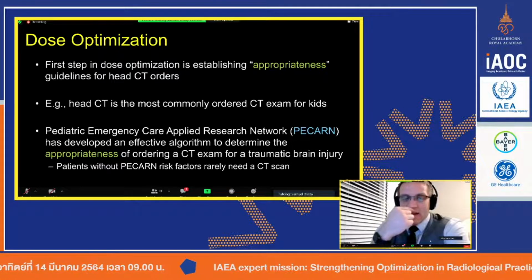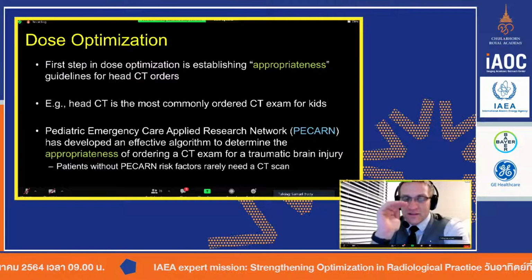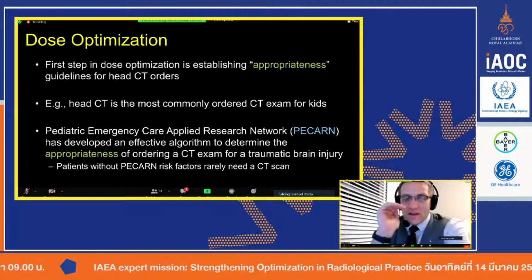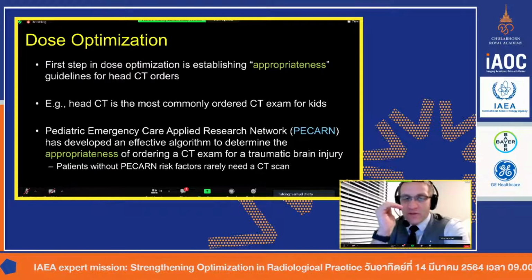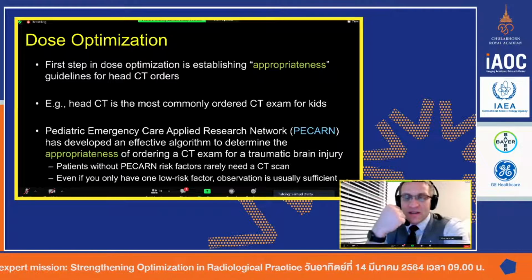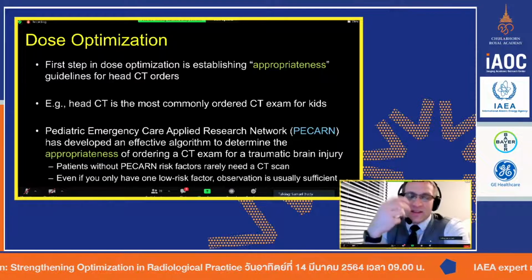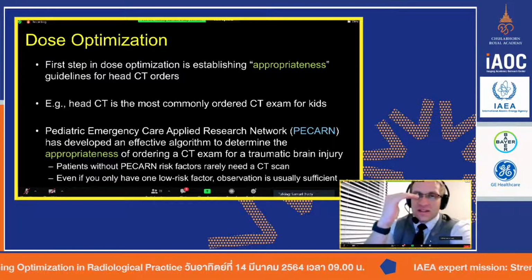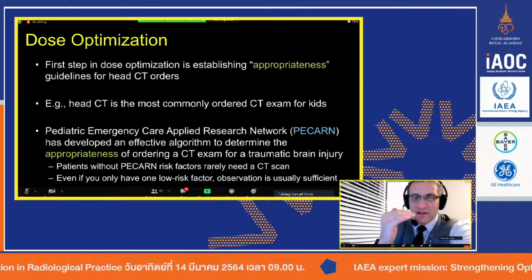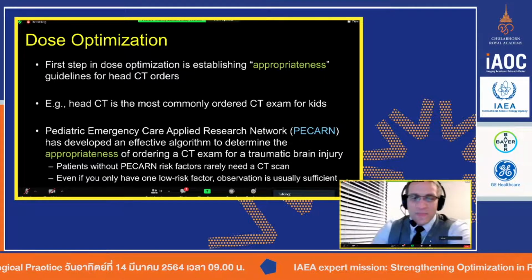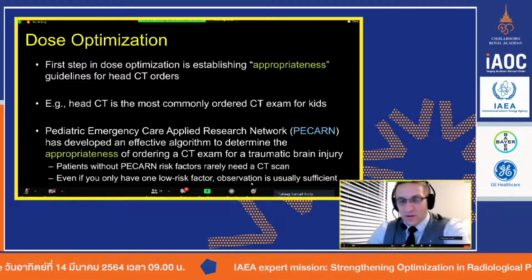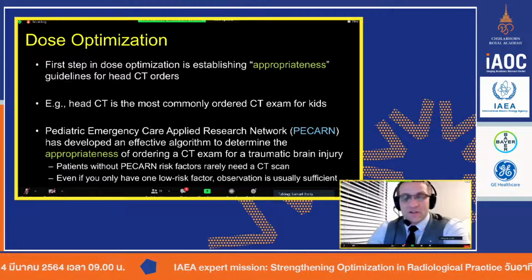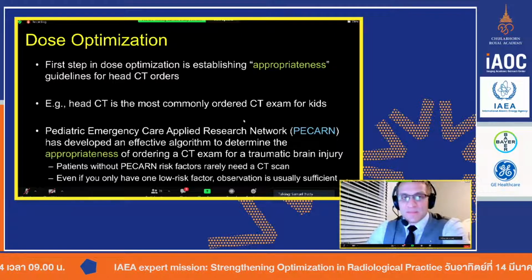But if they do not meet those specific criteria, there really is never a reason why we should CT scan. And in many cases, even if they meet some of the criteria but not all of them, then we can still observe the patient, and that might be sufficient instead of needing to CT scan them.